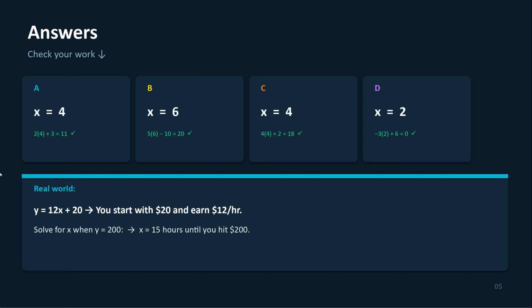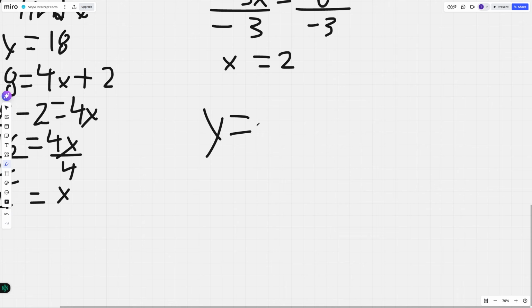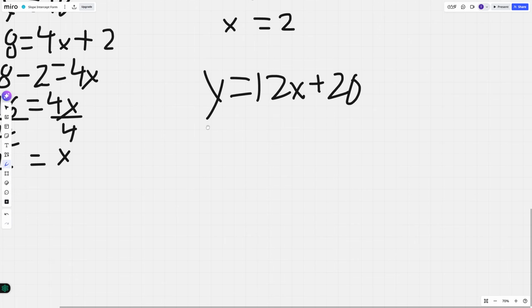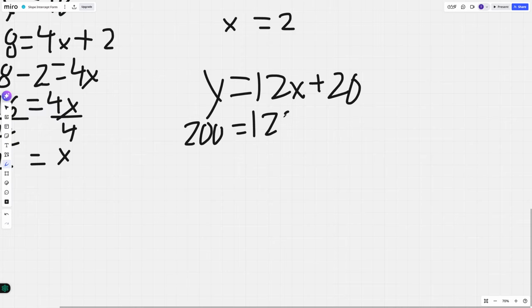So let's do this question where y is equal to 12x plus 20. So where you start with $20 and earn $12 per hour. Let's solve for x when y is actually 200. So we sub that in. You have 12, and it tells you that you have to work for 15 hours.